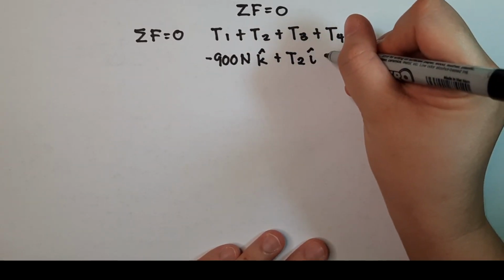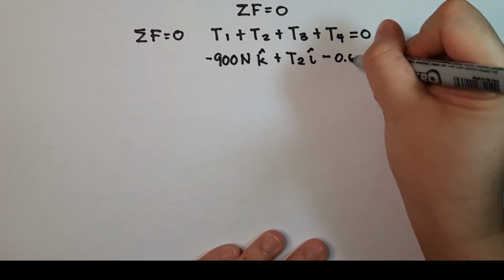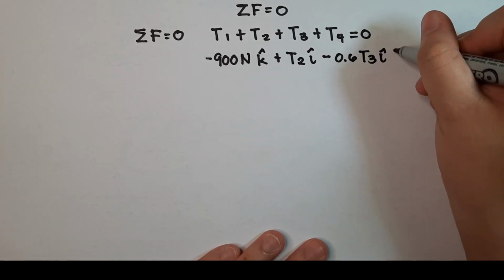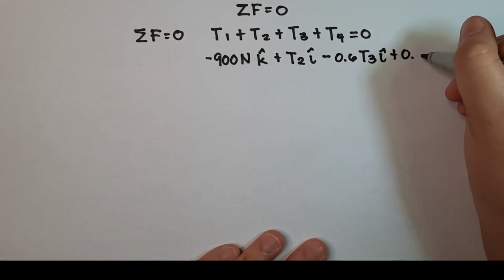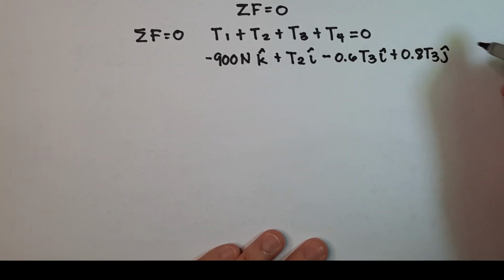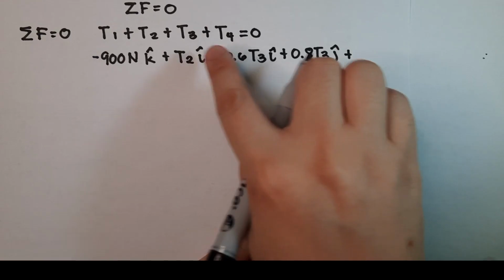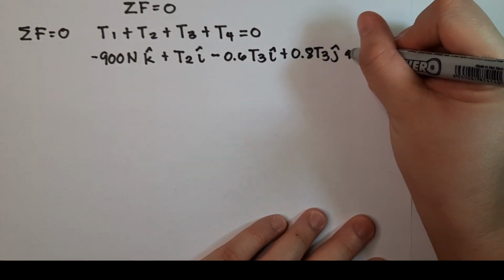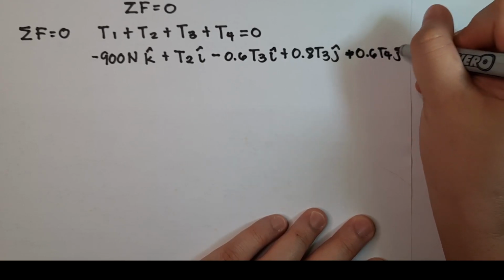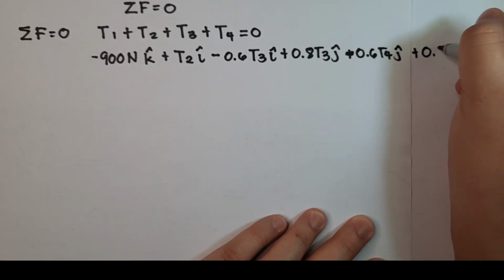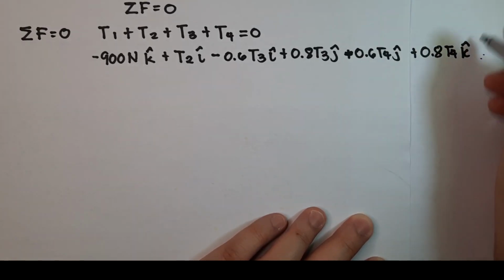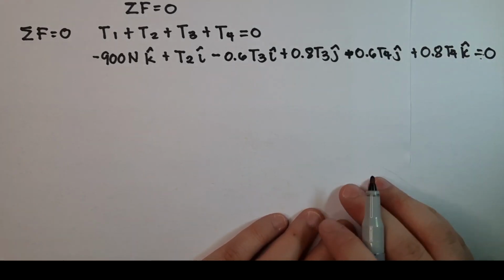T3 is negative 0.6 T3 i hat plus 0.8 T3 j hat, plus T4, which is negative 0.6 T4 j hat plus 0.8 T4 k hat, which is equal to 0.